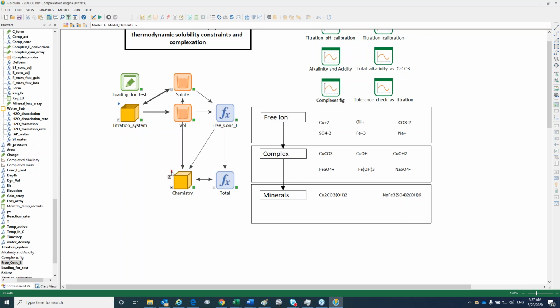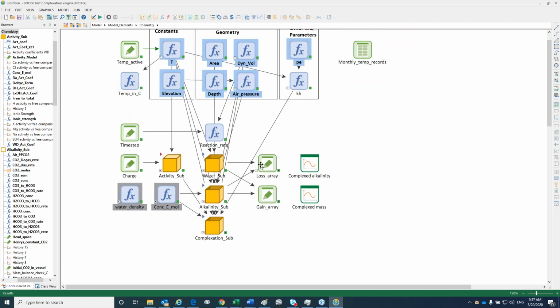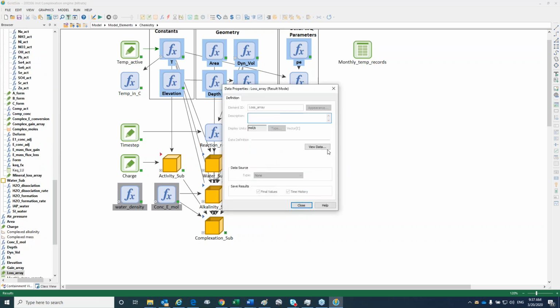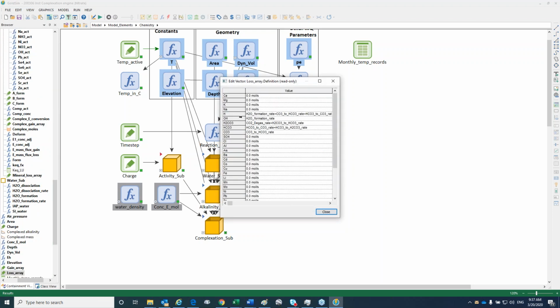Now, the way that works is basically we're going to take all of our different, so for the inorganic carbon and the hydroxide species, I use this array here. Now, the reason why is because all of these elements are actually explicitly modeled.